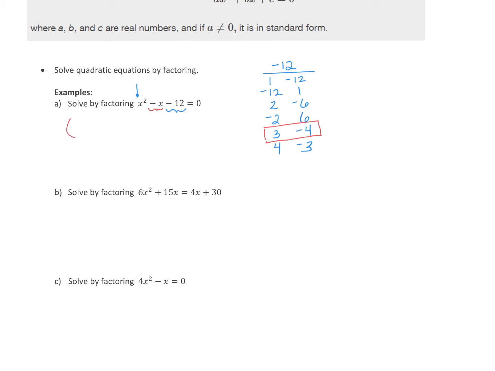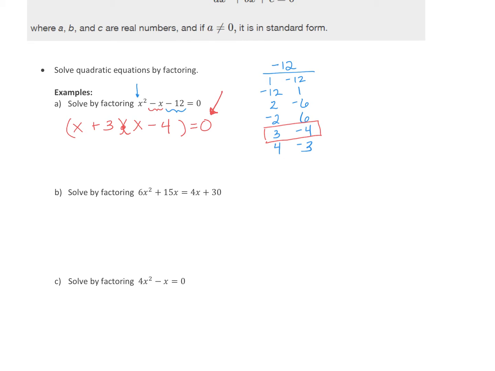So again, because this quadratic has a coefficient of 1, we're just going to put (x + 3)(x - 4) equal to 0. A common mistake is to leave that equal to 0 out. Let me explain why we can't do that. Because we're using the zero product rule, if you leave that equal 0 out, your next step doesn't really make any sense.